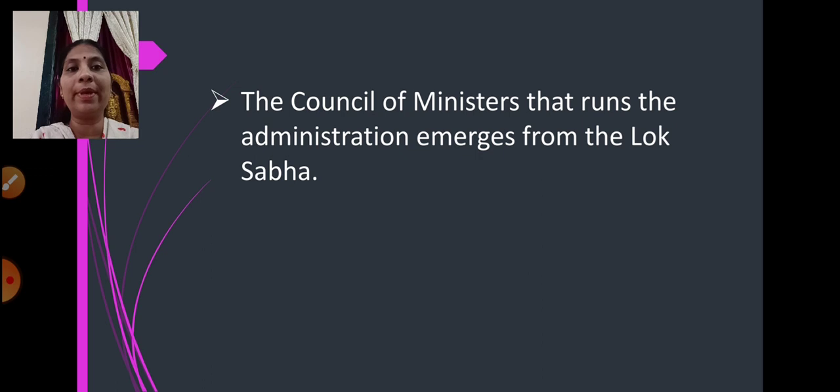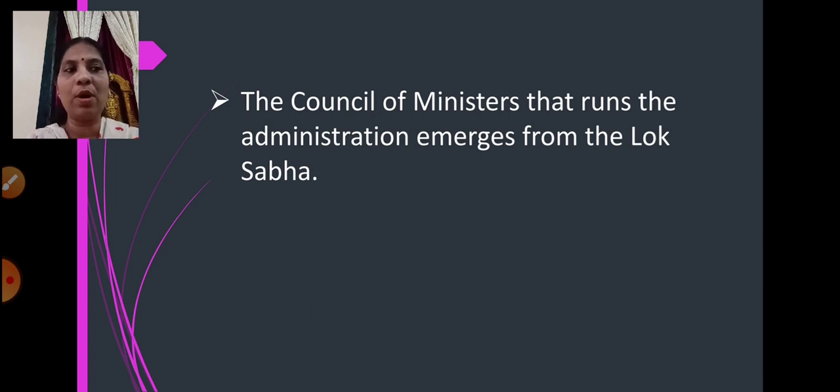The people who become ministers include the education minister, the defense minister, the health minister, the agricultural minister, and others. These members are from the Lok Sabha, the House of the People. So the Council of Ministers that runs the administration emerges from the Lok Sabha.